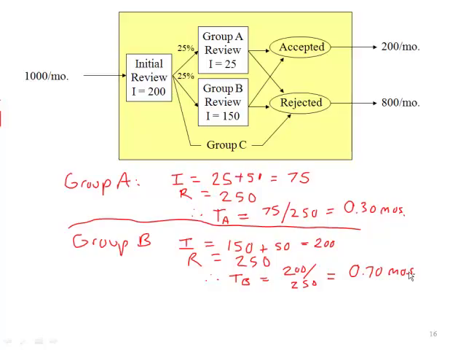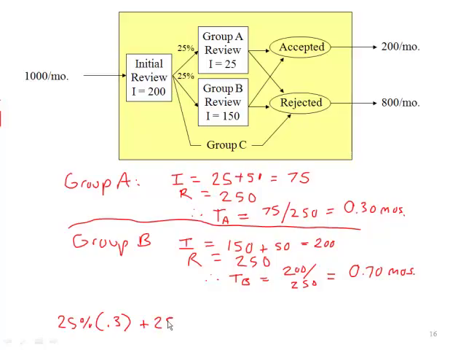Okay. So what's the great insight from all this? Well, remember, Group A represents 25% of the workload or the flow into the system, and they have an average flow time of 0.3.